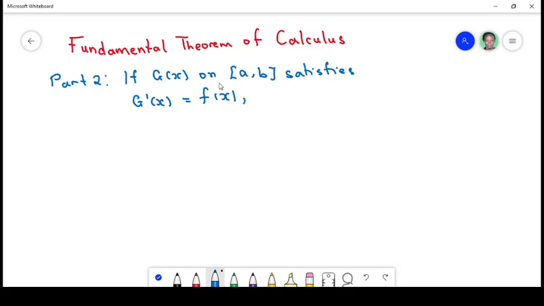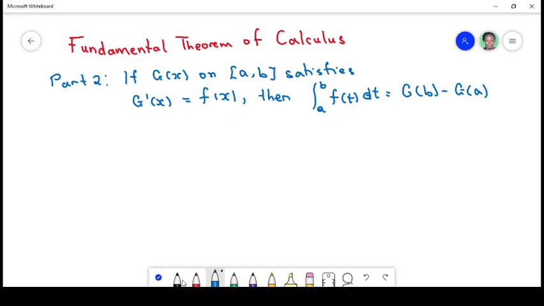So if this satisfies this, then the integral from a to b of f of t dt is going to be g of b minus g of a.